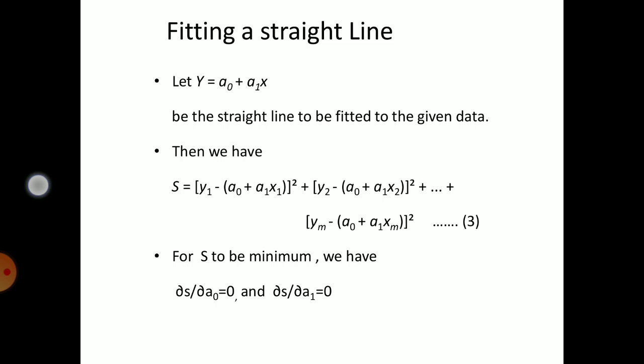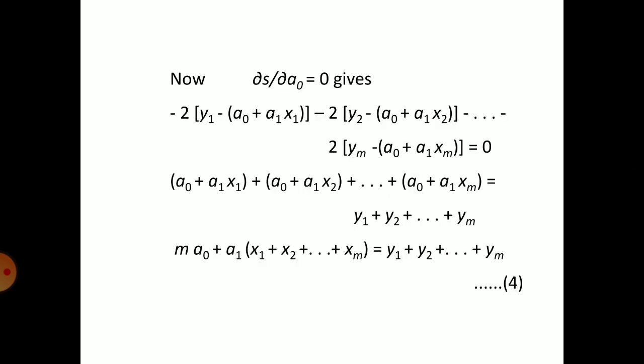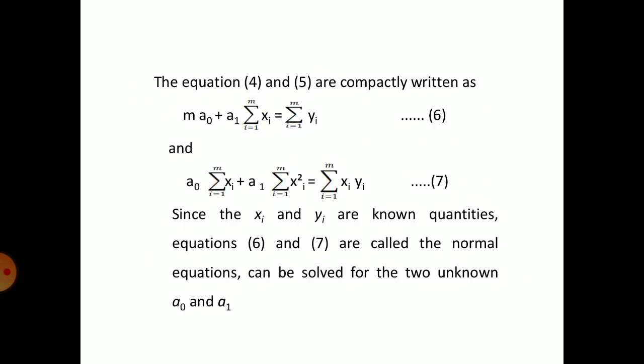Okay, this is the procedure which is called the least square procedure for linear curve fitting. You have to remember equations 6 and 7. There may be a question for the equation y is equal to a0 plus a1 x: the normal equations are dash dash dash.